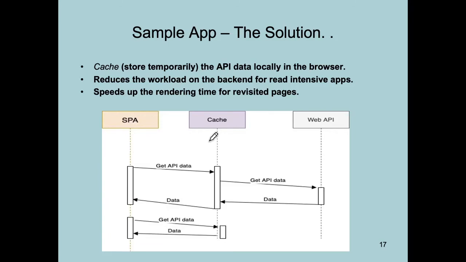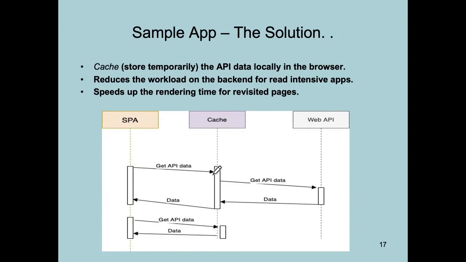Just in case you're not familiar with the notion of caching, where I'm using it here is I've got my React app, which is my single page app, and I've got a cache, which is my data store. Both of these, in our case, are running in the browser, and I've got my backend. The way it works is the user interacts with the app, and the particular page that's loaded into the browser requires some data from the backend.